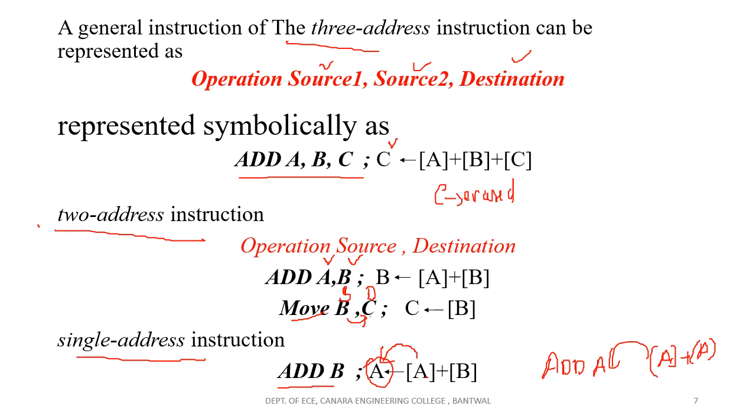Now, if there is a 3 address instruction, why do we need a 2 address instruction? When you perform the addition with 3 address instructions, the source and destination each have an address.